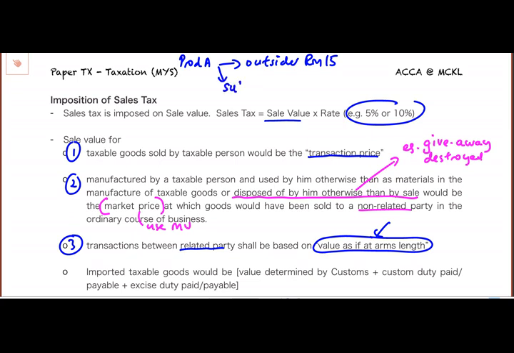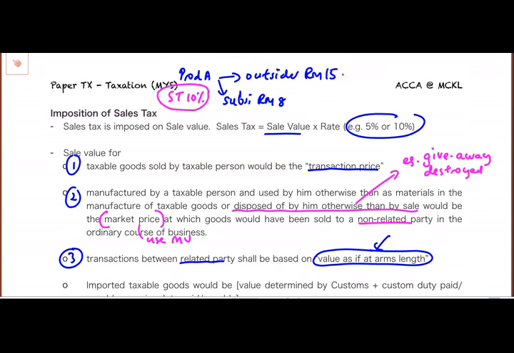And let's say I sell to my subsidiary C, and because it's my sub-C, I'm offering a special price of 8 ringgit. Assuming my sales tax is 10%, I will impose 1 ringgit 50 cent for sales tax.